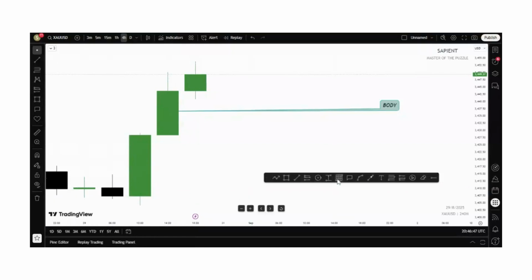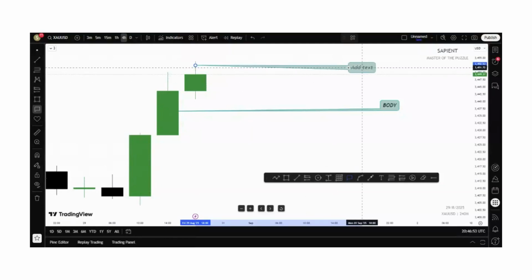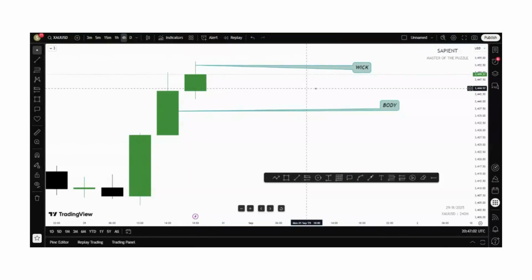It's called a wick, not days of the week. W-I-C-K. So this is called a wick. Even this one below is called a wick. This one is a wick, this one is a wick. They are called wicks.